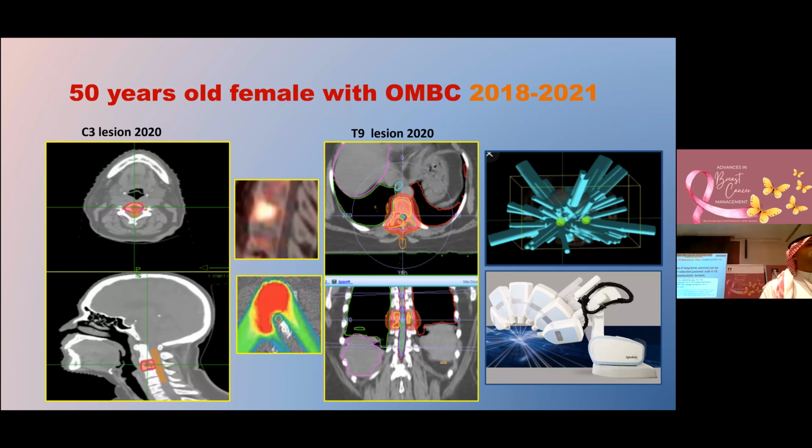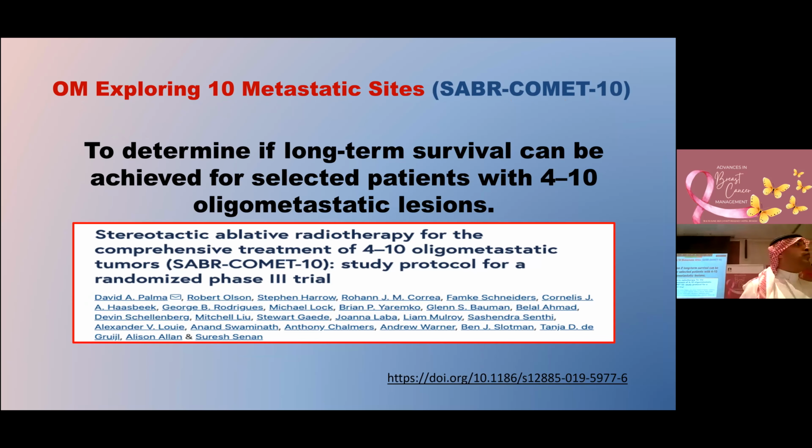Interestingly, nowadays, with oligometastases, they are exploring even 10 metastases. This is a trial now on recruitment, opened in August 2019. The aim of this trial is to explore whether long-term survival can be achieved for those patients who have 4 to 10 metastases.